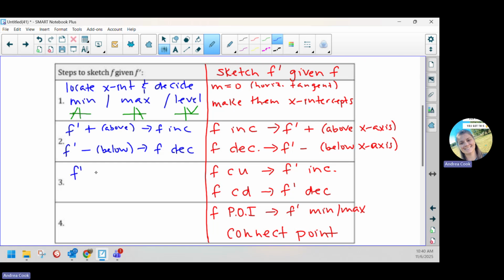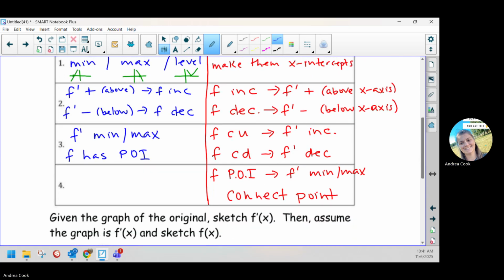If f prime has mins or maxes, those become points of inflection. And then again, if f prime is increasing, that tells me that f is concave up. If f prime is decreasing, that tells me f is concave down. And then we would connect the points.